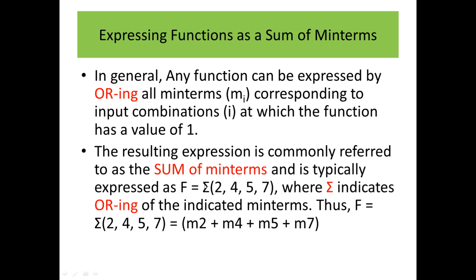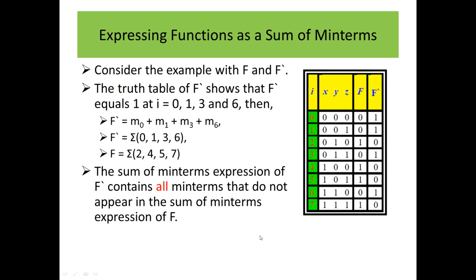This symbol indicates sum. So summation of 2, 4, 5, 7 is equal to minterm 2 plus minterm 4 plus minterm 5 plus minterm 7. This is how we have to express the function f as a sum of minterms.